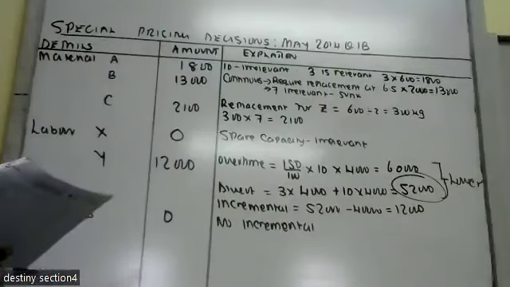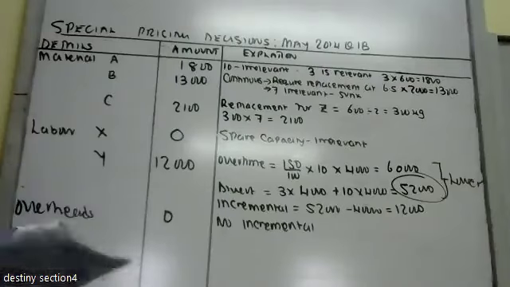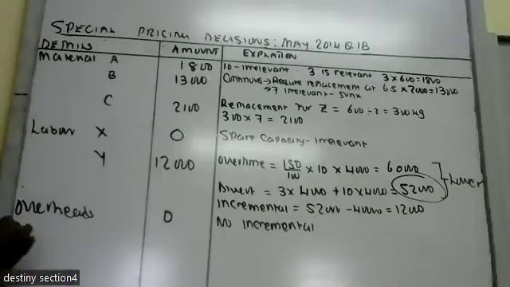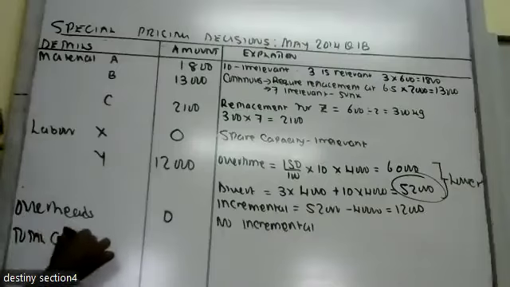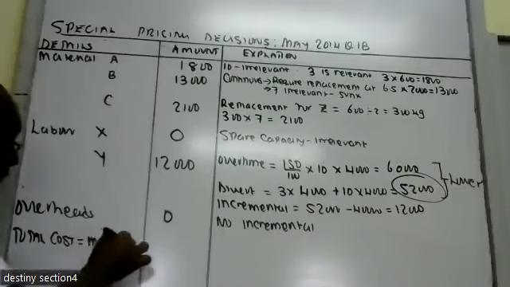So if there will be no incremental, that's all. So total costs, which is the minimum price.